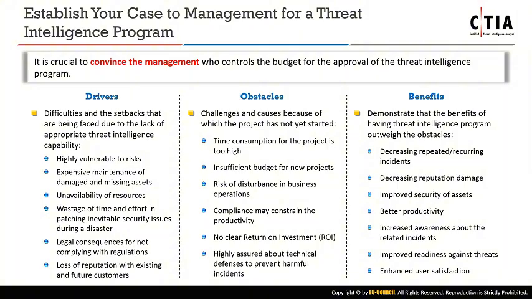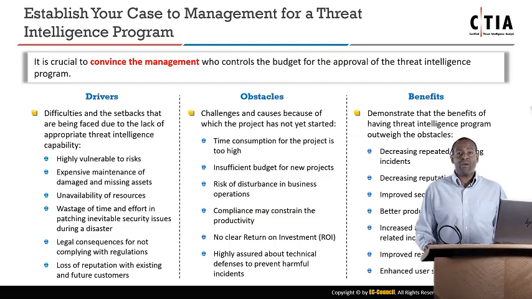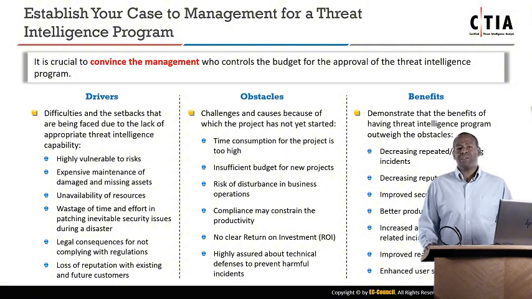Number 1 is drivers. Drivers are what are the difficulties, the setbacks that are being faced due to the lack of appropriate threat intelligence capability. Your organization may currently be struggling in the area of threat intelligence. And that struggle may not actually be something that management is privy to.